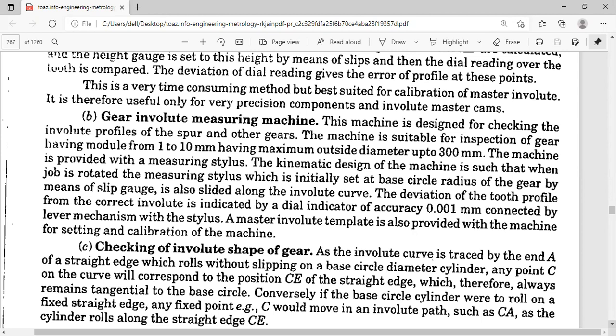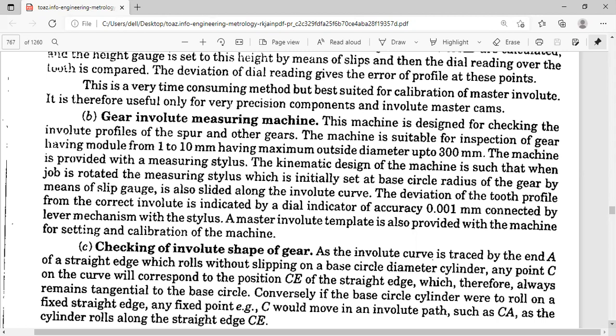You try to grind a circular disc on the surface grinding machine. You calculate the base circle diameter, and you make that circular disc with exactly the diameter of the base circle.